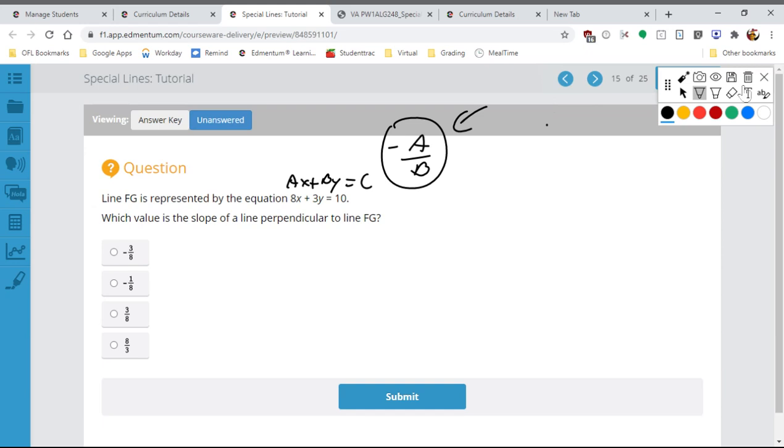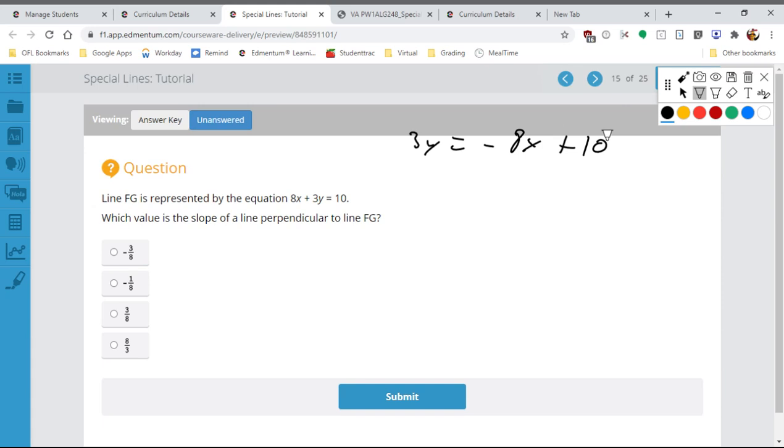So what we're going to do here is just simplify this. So we're going to take away that 8x. So we get 3y equals -8x plus 10. And then we're going to divide by 3. So if we divide by 3, we get y equals -8 over 3x plus 10 over 3.